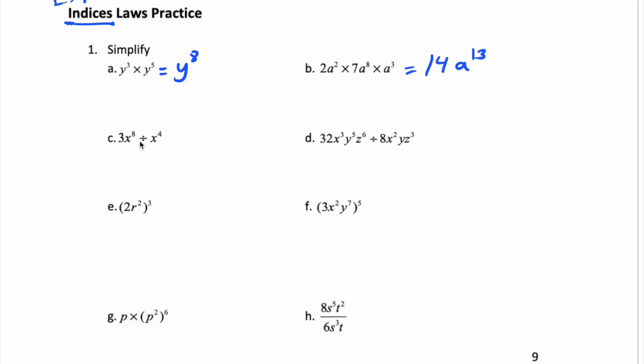Dividing is subtracting the exponents. 8 minus 4 gives you 4. Now the next one's a bit ambiguous. Technically, people don't use the divide sign in advanced mathematics. We should probably write it like this, and then it's clearer.